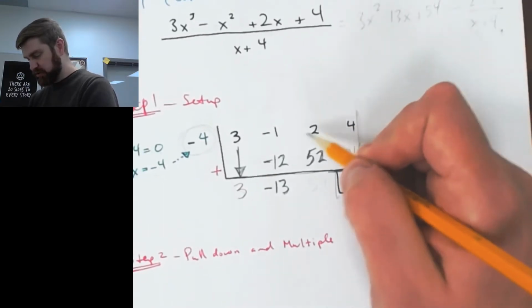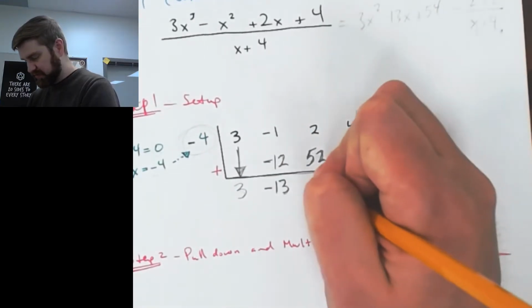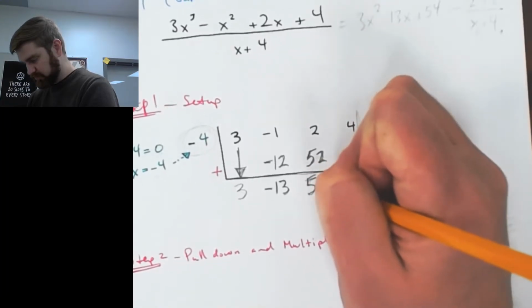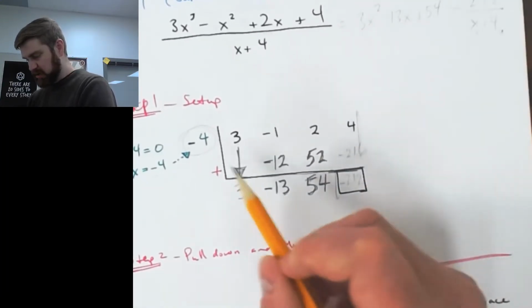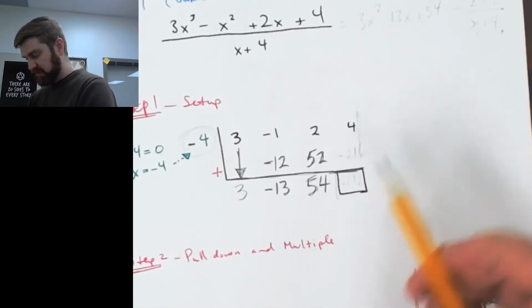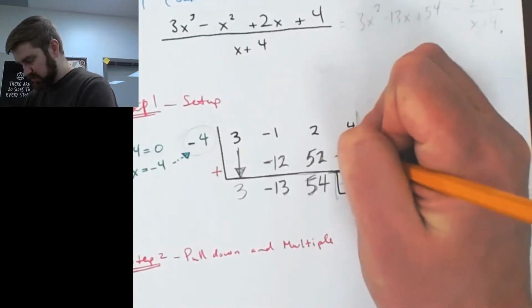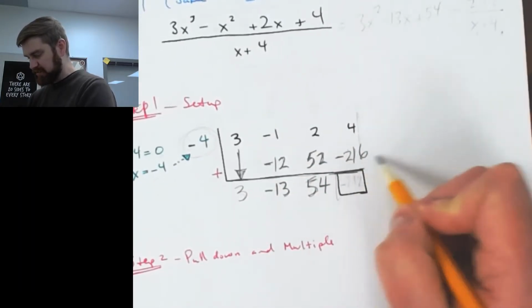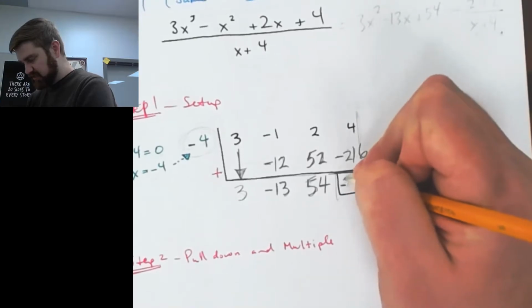So 2 plus 52 is 54. Minus 4 times 54 is negative 216. And then 4 plus negative 216 gives us negative 212.